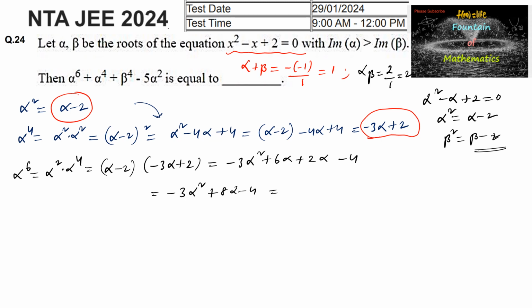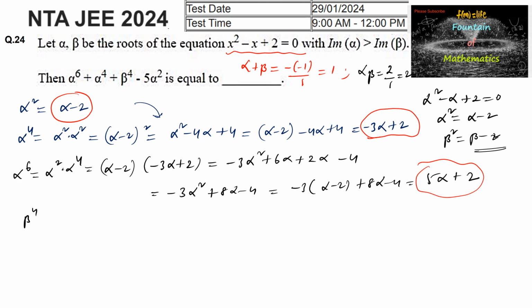Now substituting alpha square again, minus 3 times (alpha minus 2) plus 8 alpha minus 4, which is equal to minus 3 alpha plus 8 alpha is 5 alpha, and here it is 6 minus 4, that is plus 2. So alpha power 6 value is 5 alpha plus 2, and remaining is beta power 4.